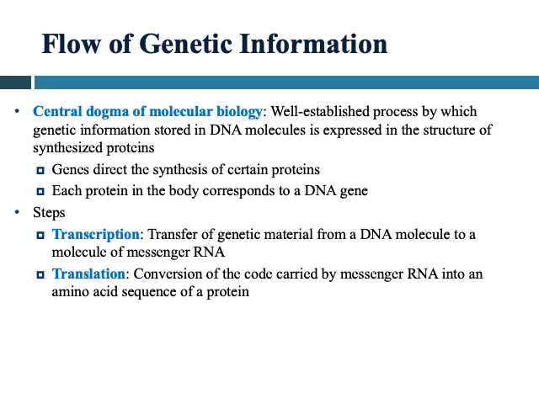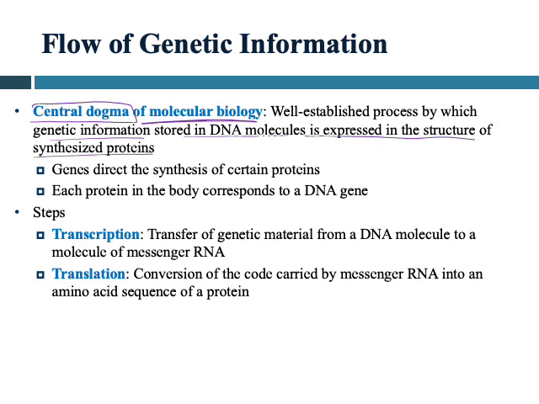So now let's talk about the flow of genetic information, how the genetic information flows within the cell. And this is also called the central dogma of molecular biology, right? So what is the central dogma? It is a process by which genetic information stored in the DNA molecule is expressed in the structure of synthesized protein.